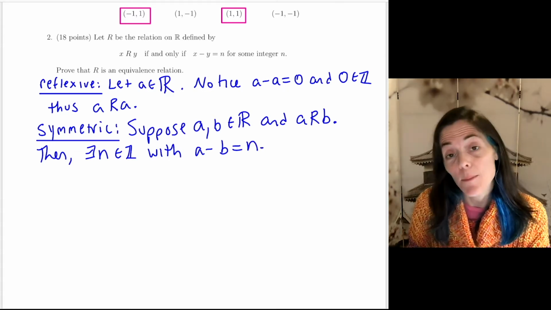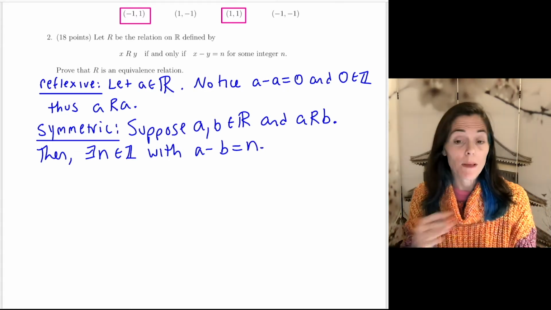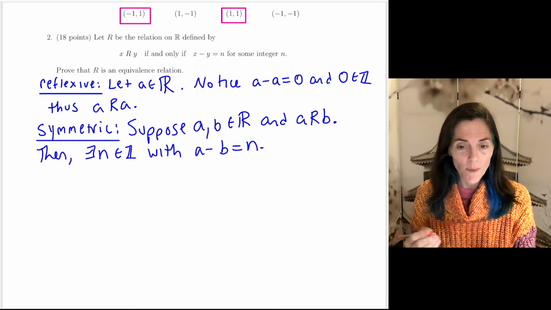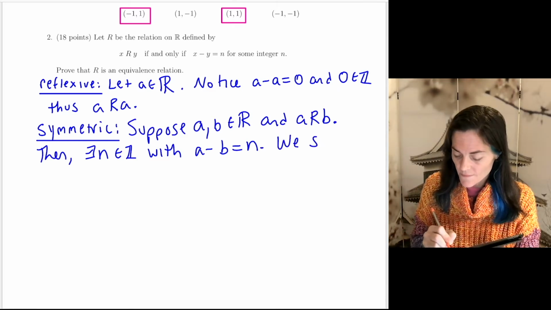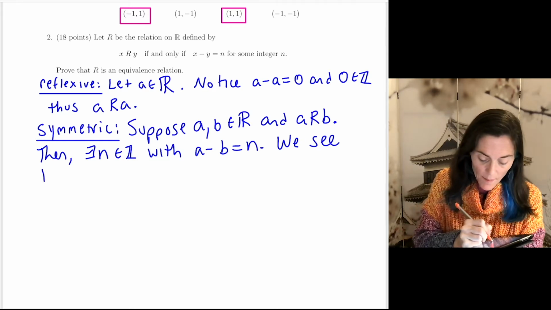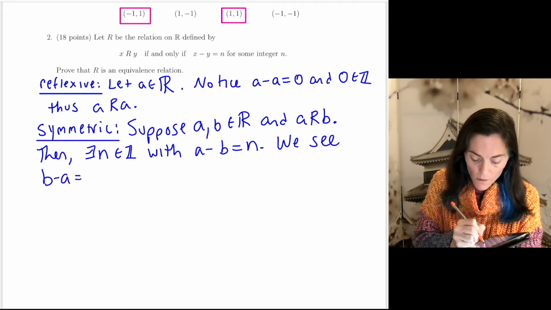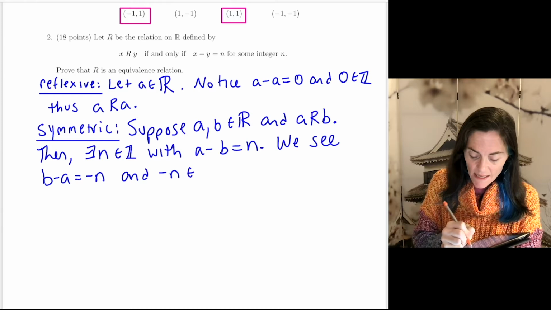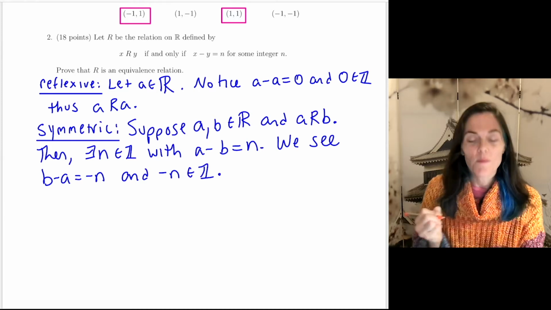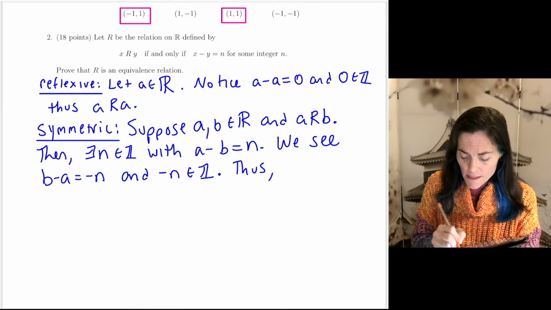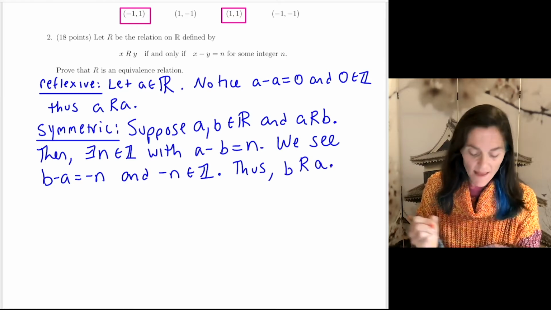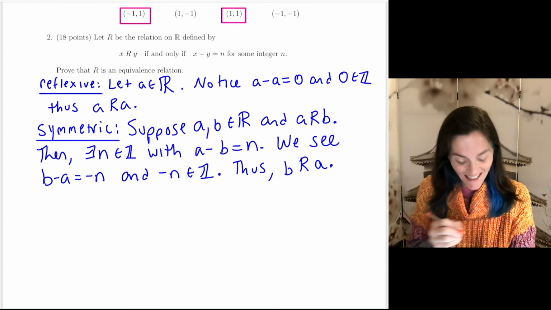And then to get that b relates to a, I need b minus a equals an integer, but I have this. I just need to write it down. We see that b minus a equals negative n, and minus n is an integer because n is. So what do we get from this? We get that b relates to a, and this proves symmetric.